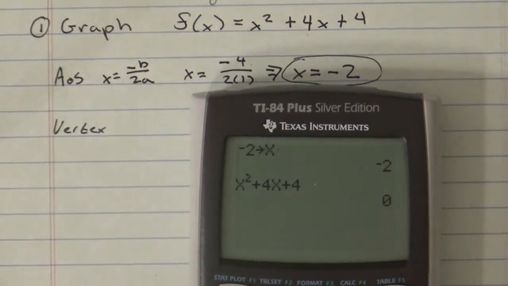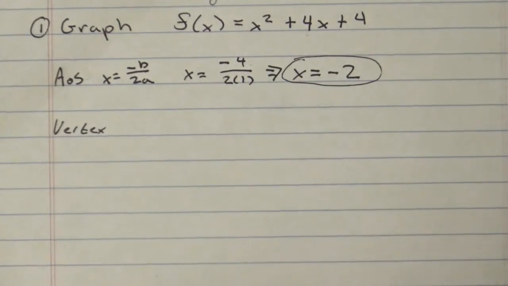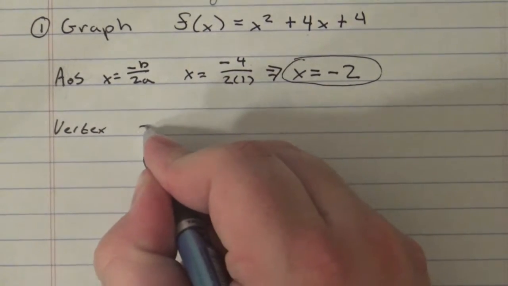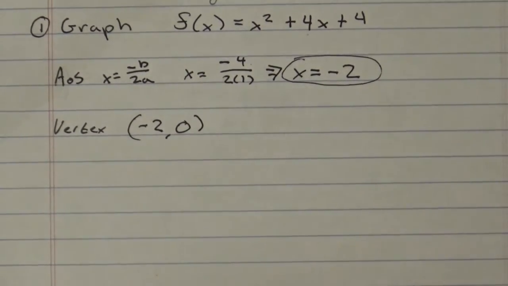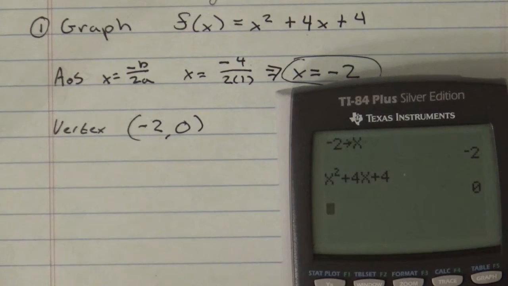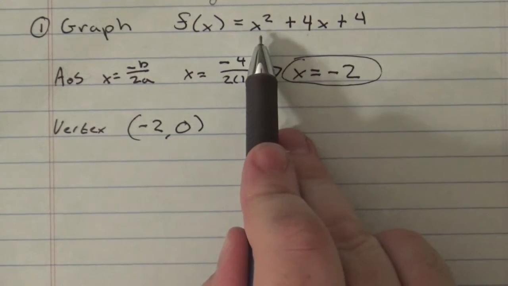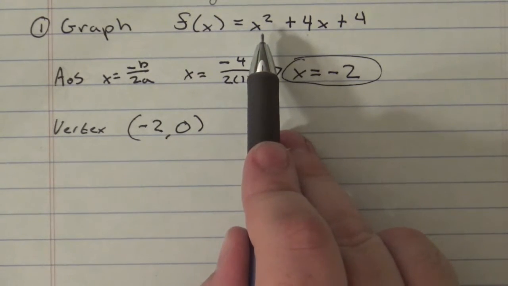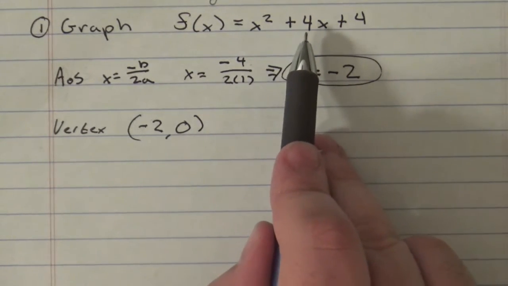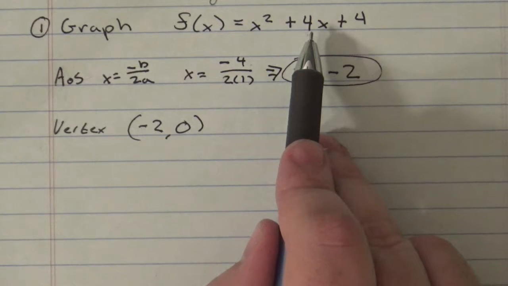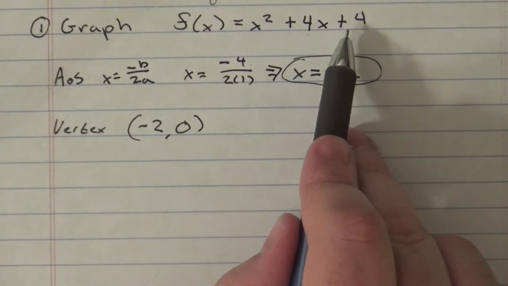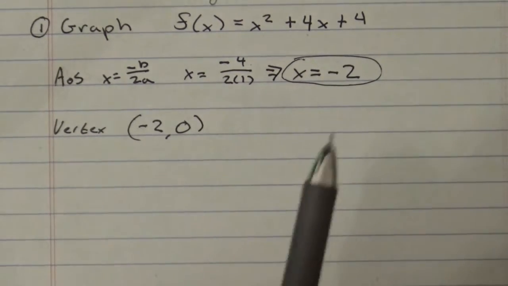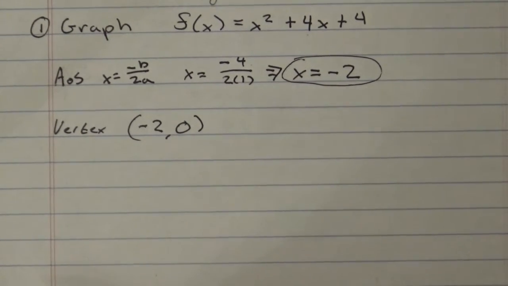And what do we get? We get that y is 0, so our vertex is going to be negative 2, 0. That's our point that we're going to plot. And if you didn't want to be lazy and you wanted to put it in, we can do it. All right, so negative 2 squared, well, what's that give me? That is going to give me a positive 4. 4 times negative 2 is negative 8, so 4 plus negative 8 is going to give me negative 4, plus 4 again gives me my 0. All right, so that's the other way.